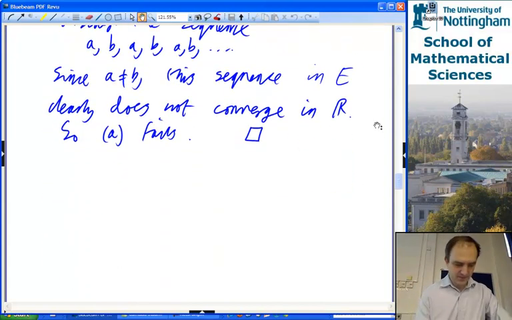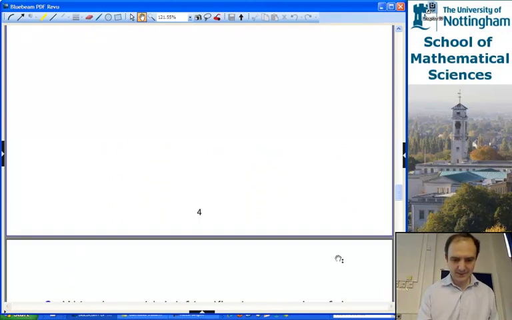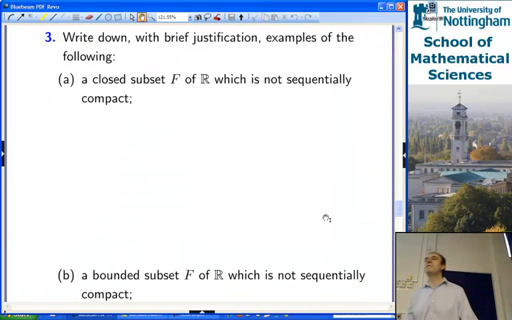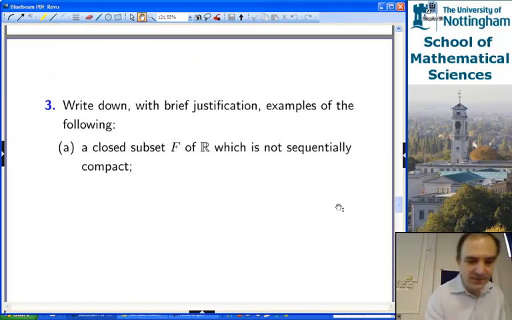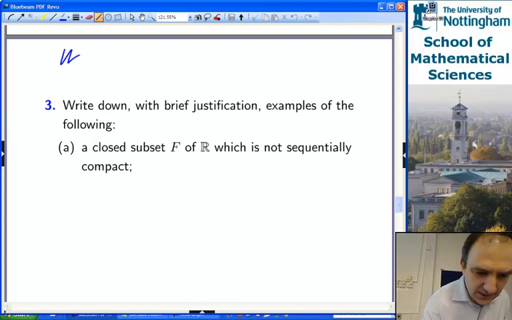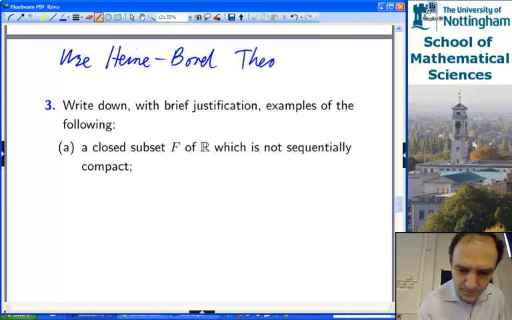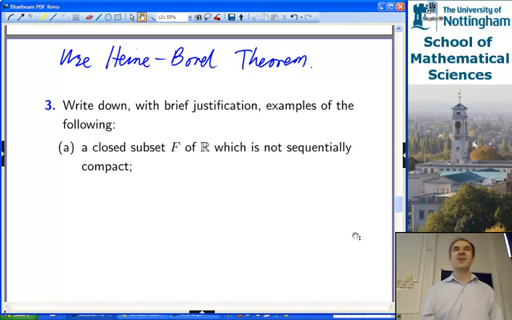Okay, we've done that one. Right, question 3 is about finding examples, just writing them down with brief justification, it says. You're allowed to use the Heine-Borel theorem, which hopefully you remember.